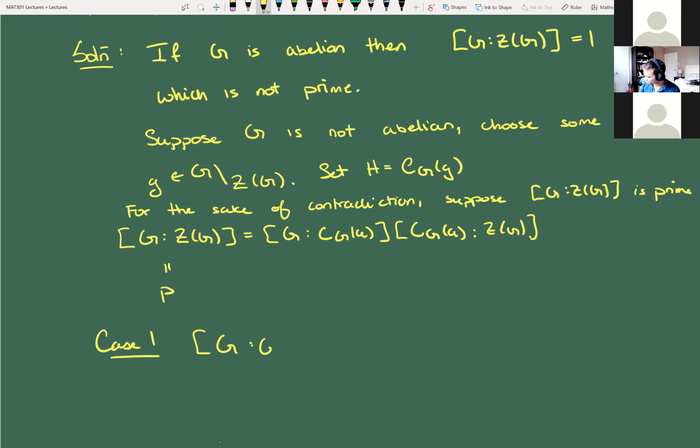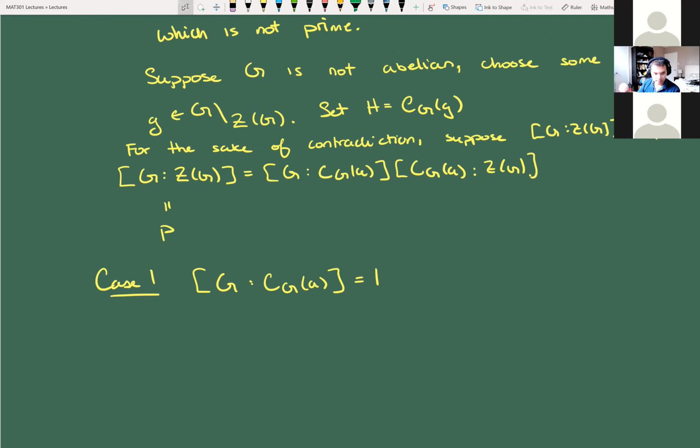So let's say that G over C_G(g) is equal to 1. Okay, so that means that G is C_G(g). Right? But that means that everything, or sorry, g, I'm using g, not a. Okay, so that means that everything commutes with little g, which means little g is in the center of G. A contradiction.